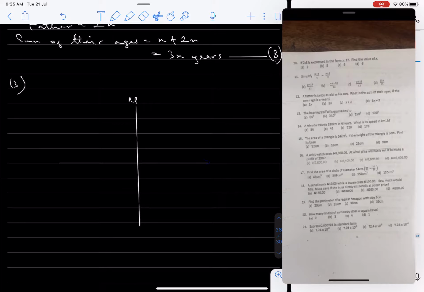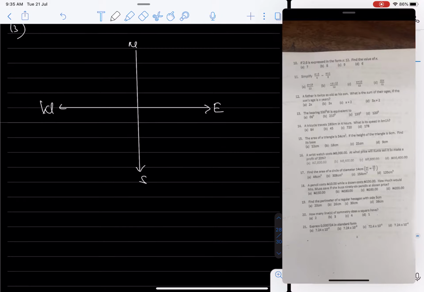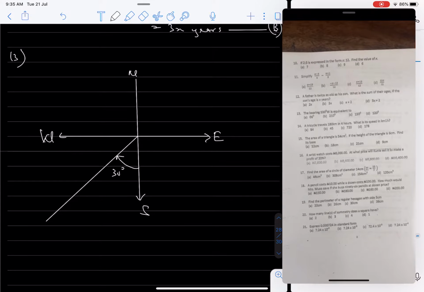This is north. This is east. This is west. And this is south. South 30 degrees west means from south to west 30 degrees. This is south 30 degrees east.